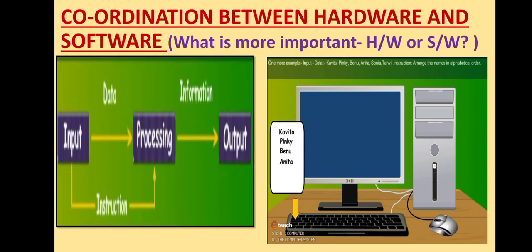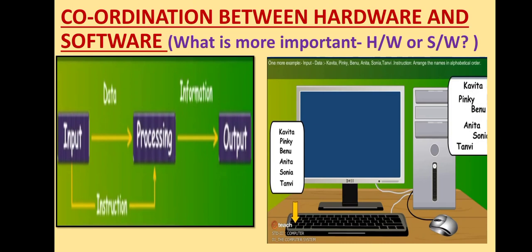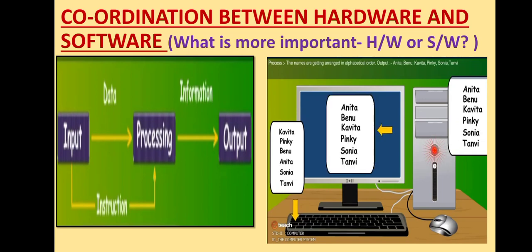Another example, we are giving a few names through the keyboard. Along with it, we are giving the instruction to arrange these names in alphabetical order. Process will be carried out inside the CPU and output will be shown on the monitor.